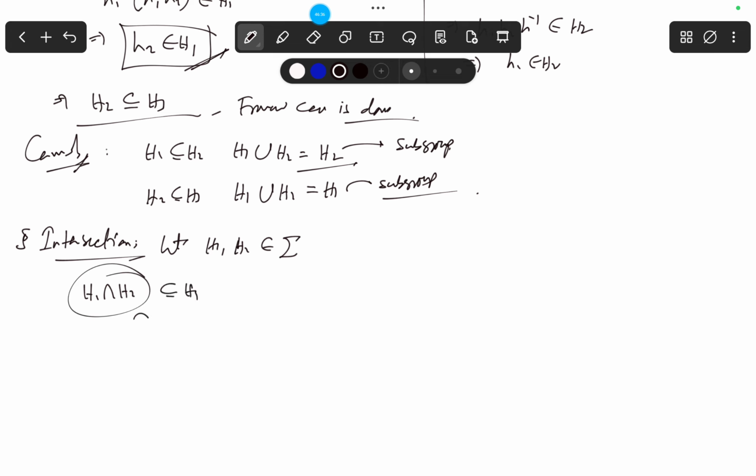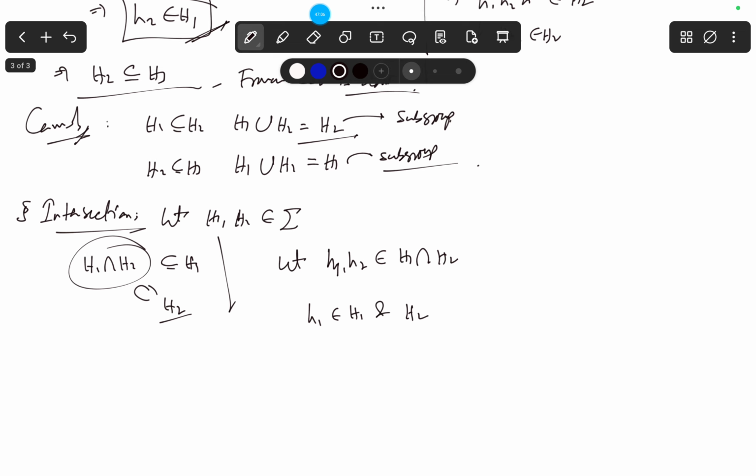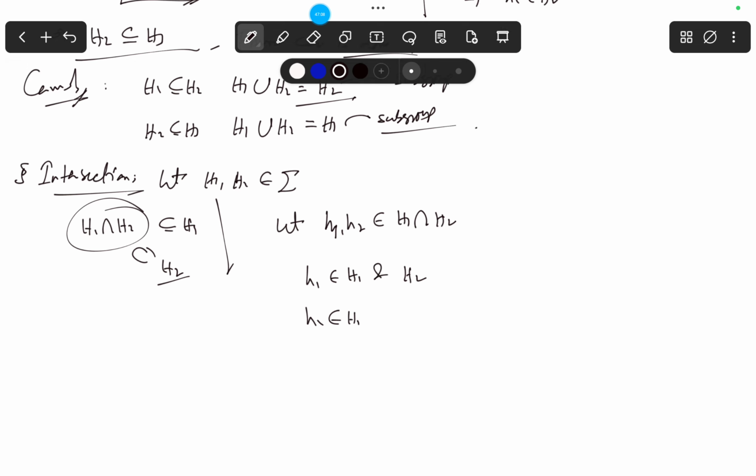It is of course inside H1 and also inside H2, right? Let us take any two elements, say h1, h2, that belong to H1 intersection H2. That means h1 belongs to H1 as well as H2, and h2 belongs to H1 as well as H2.